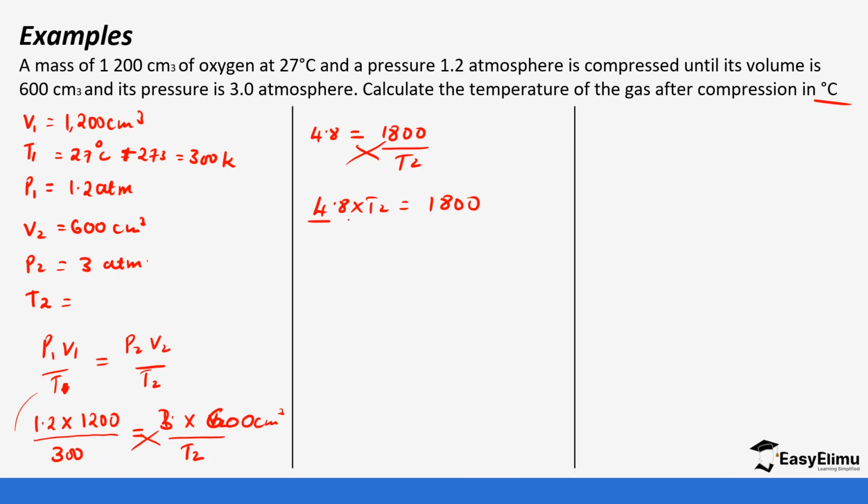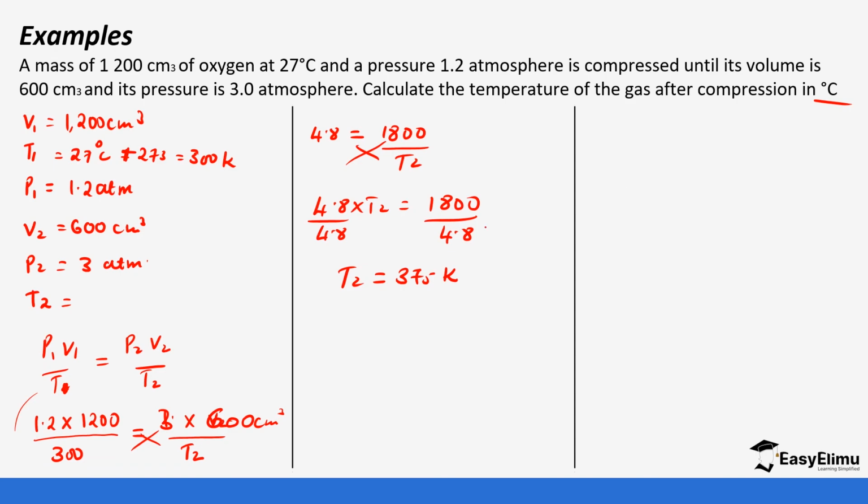We divide by 4.8 both sides, we get our T2. Remember, it is going to be in Kelvin, so our T2 will be 1800 divided by 4.8, which gives us 375, and we said it is in Kelvin.